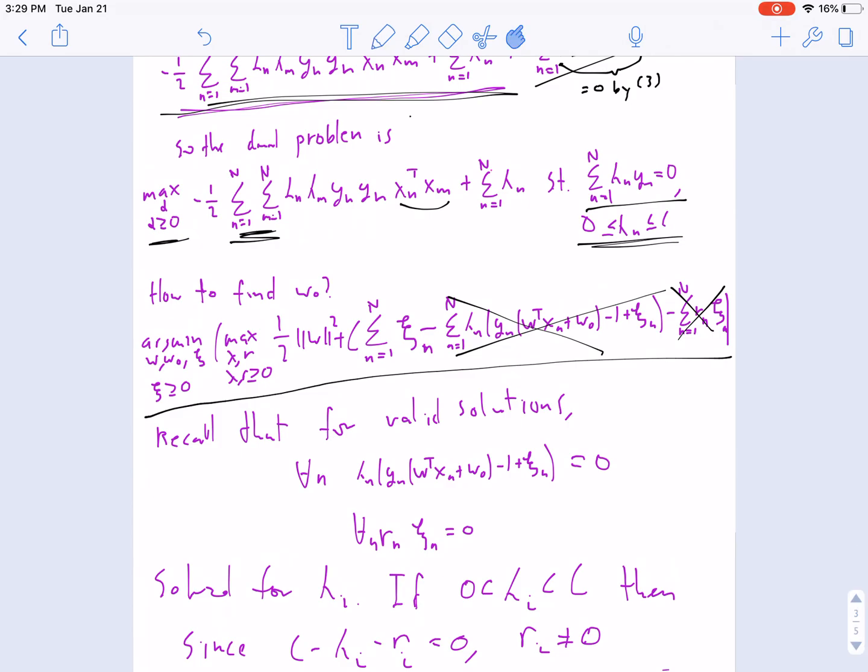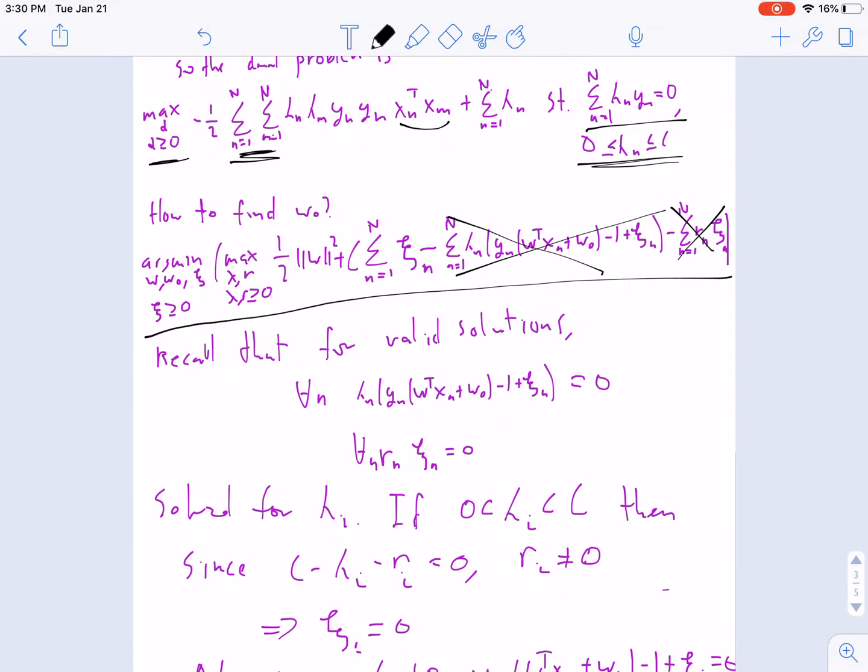And we showed that by showing something a little bit more specific, which is to say that for any n, this is equal to 0. Because if the constraints are satisfied, then this thing is greater than or equal to 0, which means that if it's equal to 0, then clearly this entire thing is equal to 0.